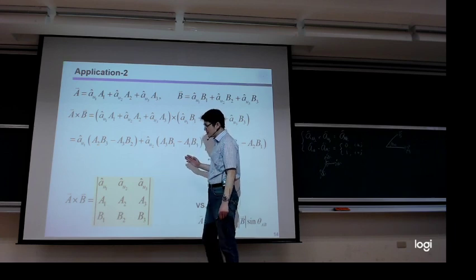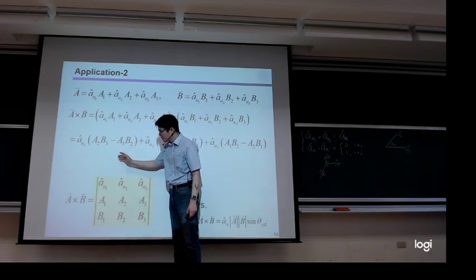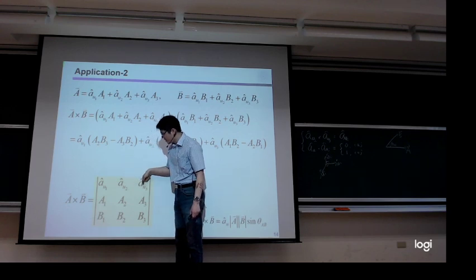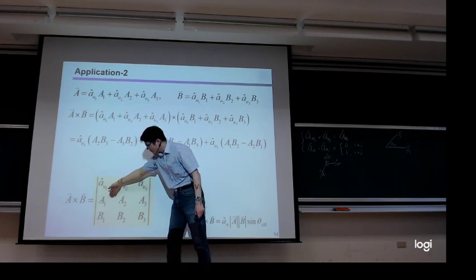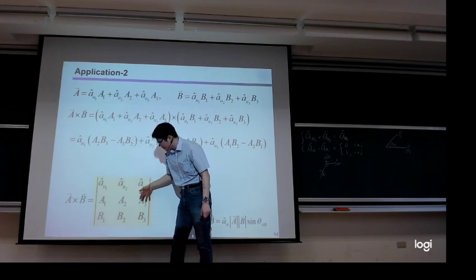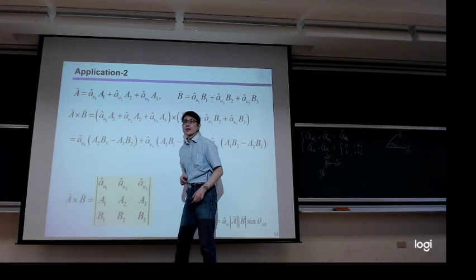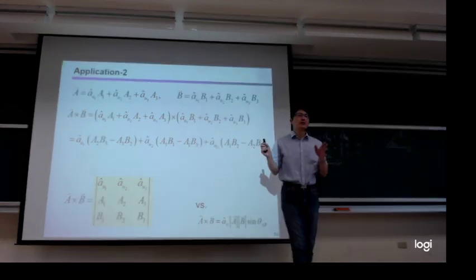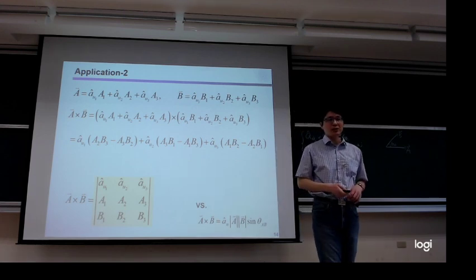extremely easy. All you have to write is the first, second, and third unit vectors, then A1, the first component of your A vector, second component, third component, and B1, B2, B3. And then you just calculate the determinant of your matrix.